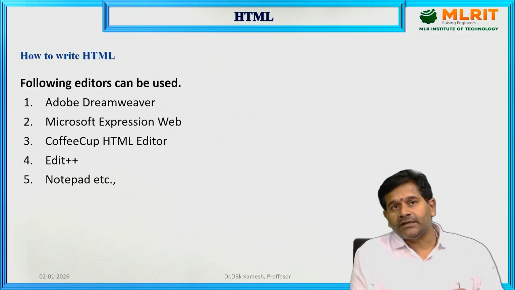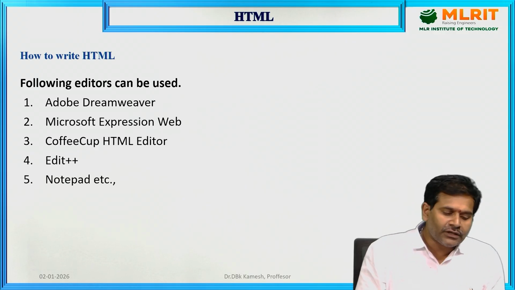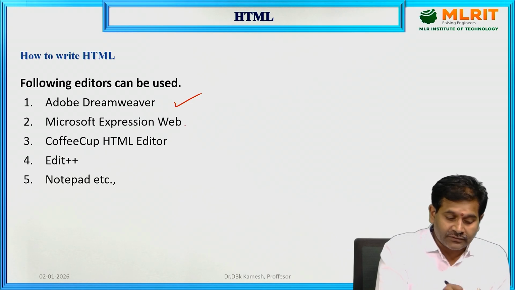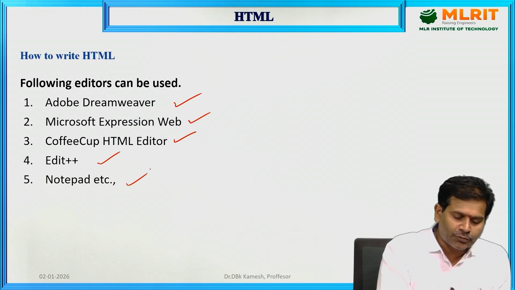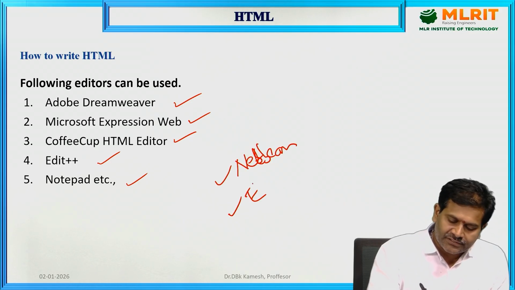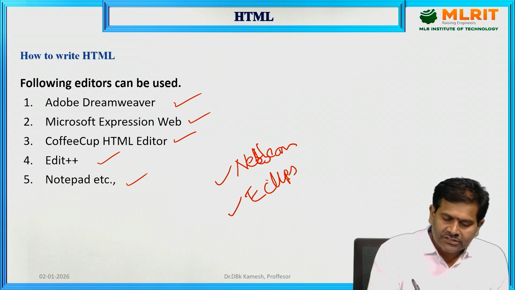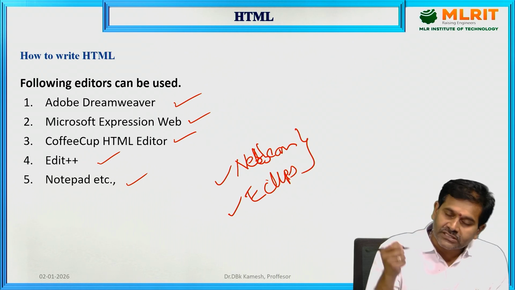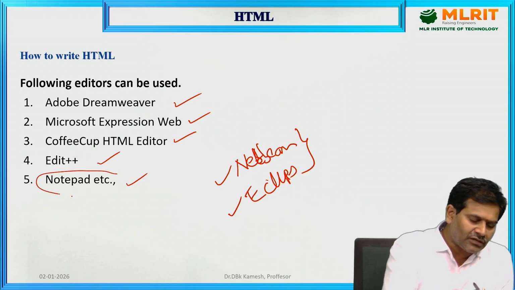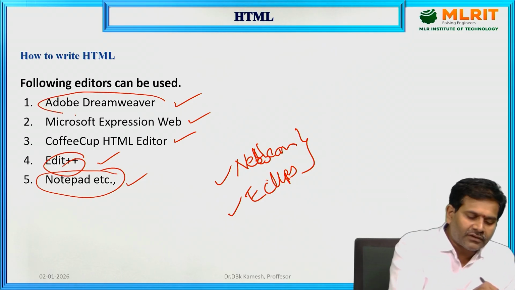Next, how to write HTML. The following editors can be used: Adobe Dreamweaver, Microsoft Expression Web, CoffeeCup HTML Editor, EditPlus, Notepad, even NetBeans and Eclipse. These are the editors available, many more in the market. Basically we use normal Notepad or EditPlus or Adobe Dreamweaver, right?